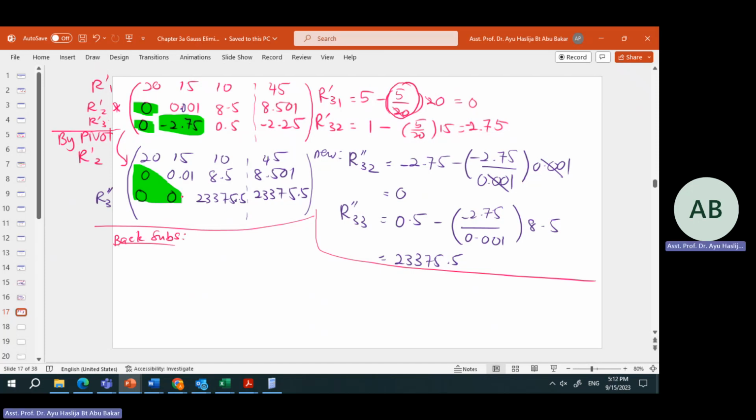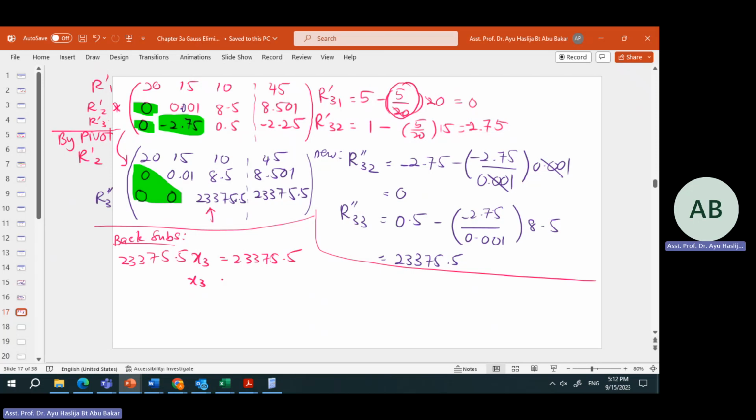Okay, we know that this part is equivalent to x3. Okay, so 23375.5 x3 equals to this one.